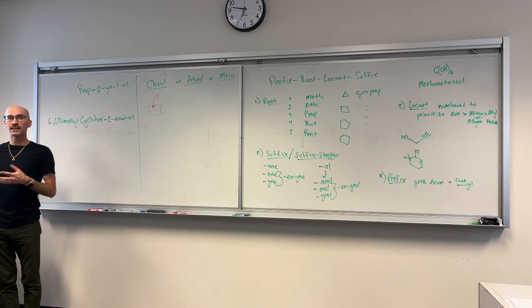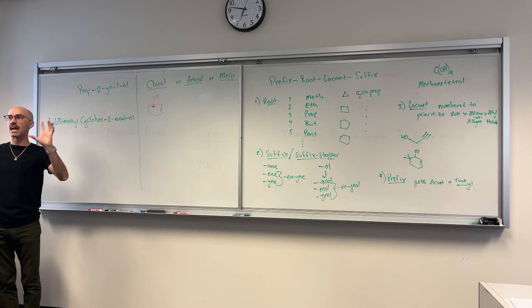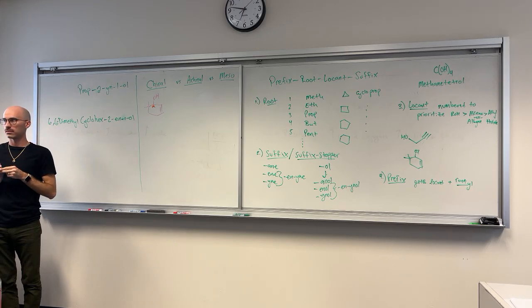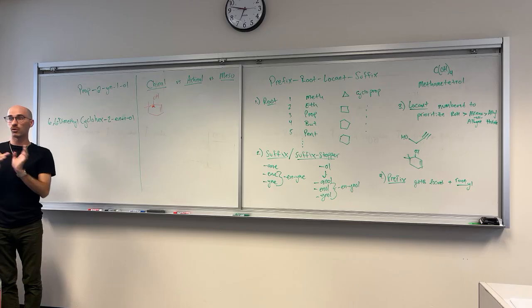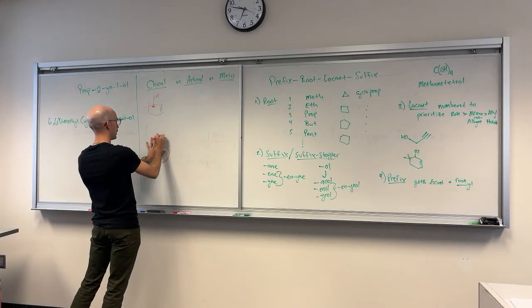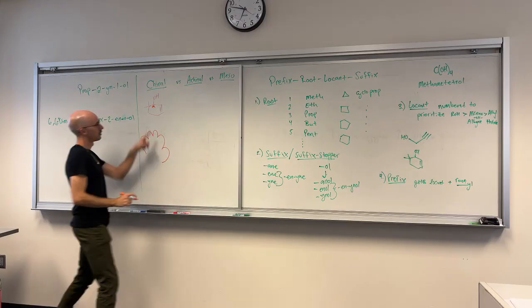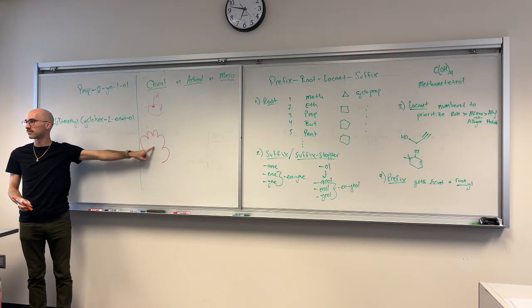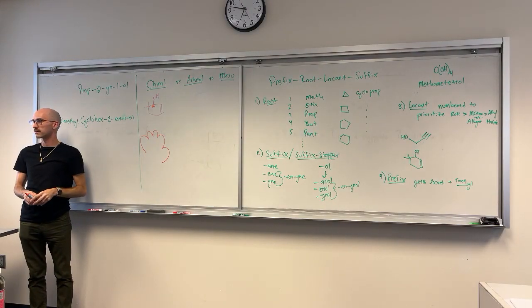Do I know its chirality? Its handedness. Its absolute configuration. No. Because I don't have any stereochemistry. I don't have a wedge or a dash. So this is, for those of you that had me in OChem 1, left hand or right hand?